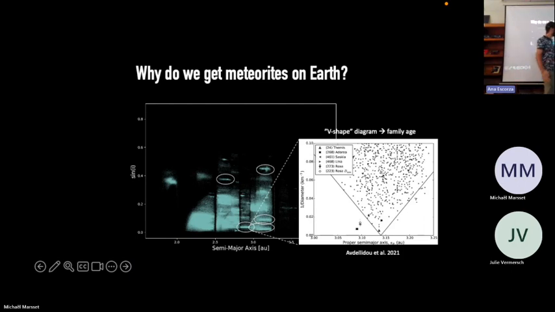That's because big fragments stay where they are, and smaller fragments are sensitive to this radial drift. It's pretty neat because a very young family has a really narrow V, and over time it will extend. So if you have an accurate dynamical model, you can derive the age of the family by fitting the envelope of this V-shaped diagram.